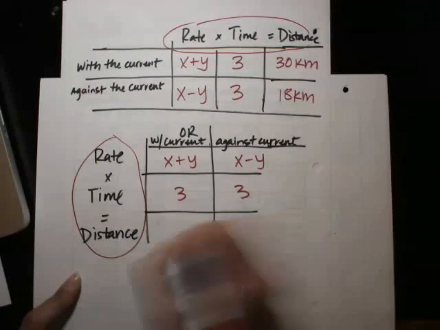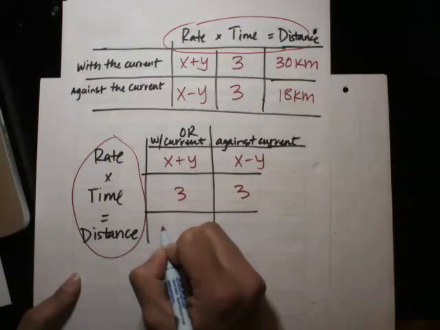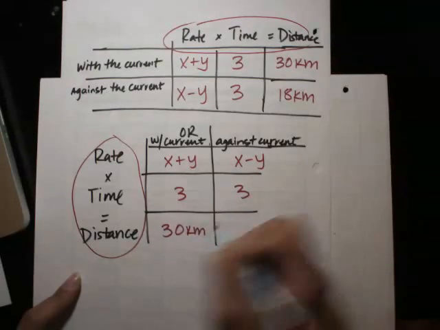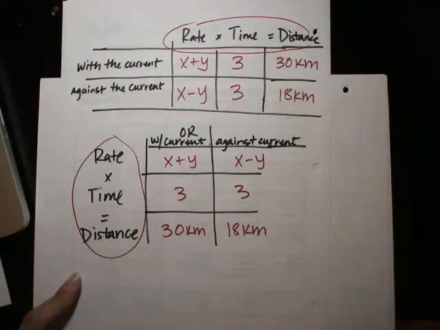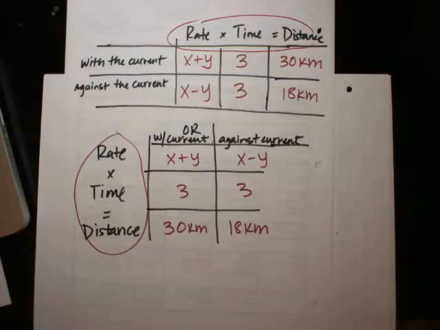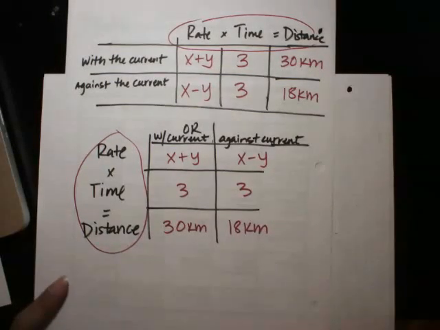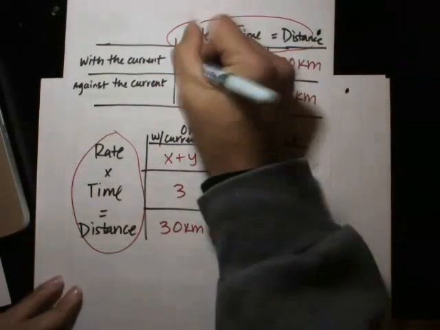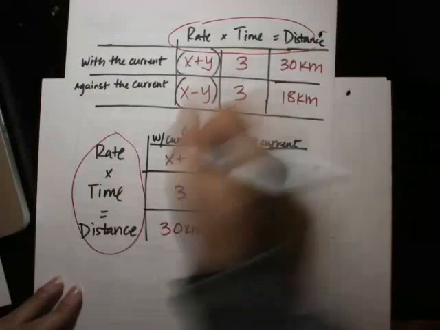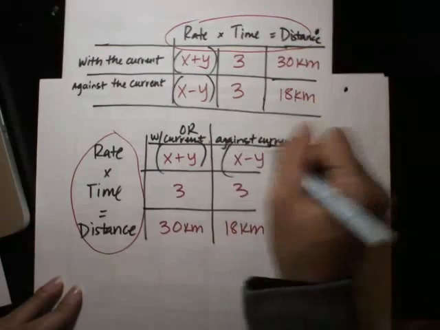Time is the same. Distance, x is 30 kilometers with the current, and only 18 kilometers against the current, because that's a lot more difficult. Again, we are going to be multiplying rate and time to get our distance. I always want to make sure I put my parentheses in so I don't forget that this is one term.